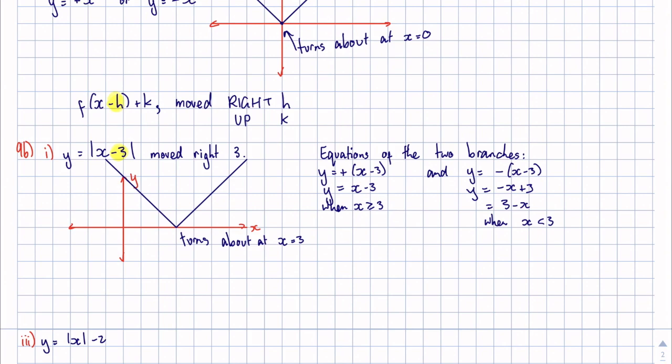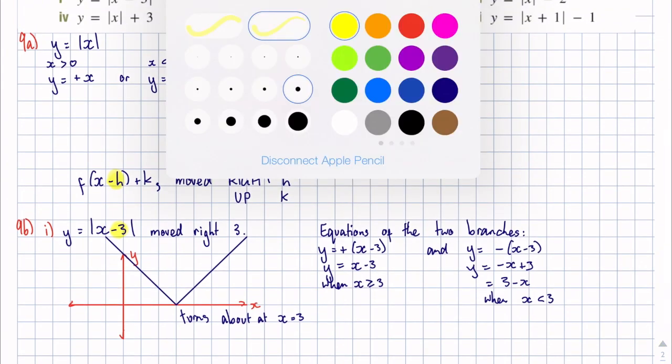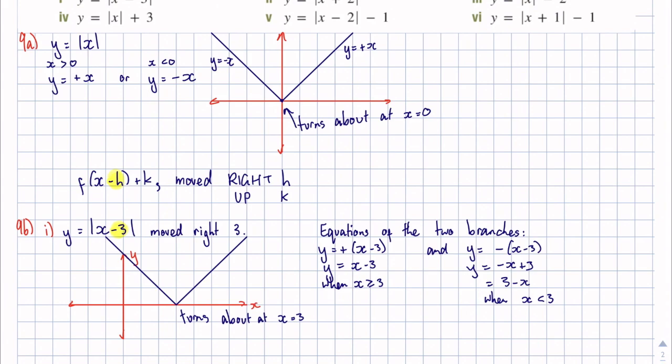Which means it hasn't moved left or right, because there's nothing in the absolute value with the x. It's moved down 2. Okay, so that's because the minus 2 came after it, like k does.